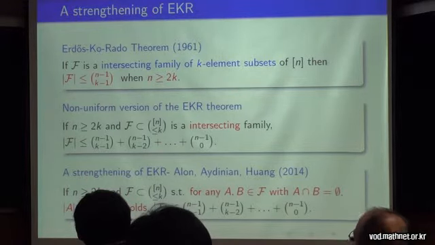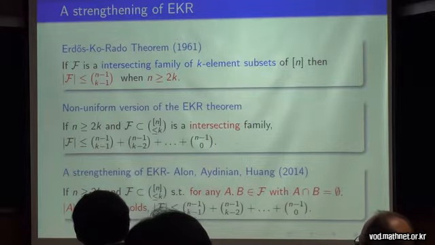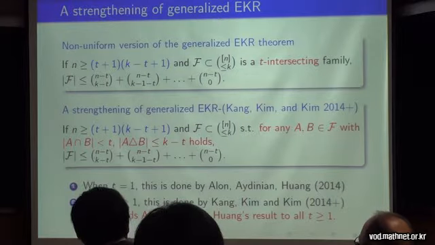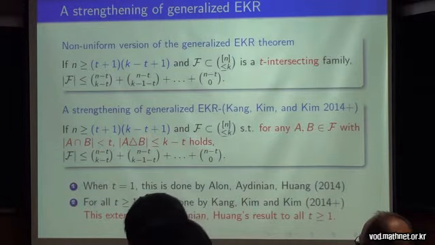So this means they give a strengthening of the Erdős-Ko-Rado theorem for the intersecting family case. Here we give a strengthening of the generalized Erdős-Ko-Rado theorem.